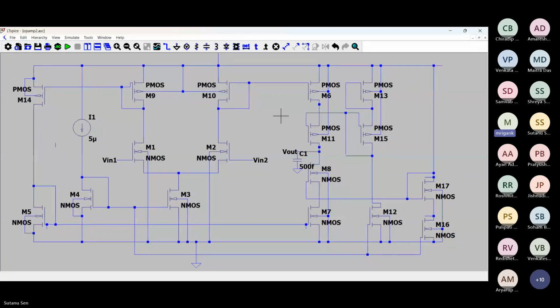Did you understand whatever description I gave regarding the mismatch? Yes, sir, I got it. Other people, anybody else understood? Or are you all sleeping? Ayan Adhikari, can you unmute yourself? Let me try to do some survey. Did you understand what I discussed regarding the difference in the input DC voltages? Yes, sir.